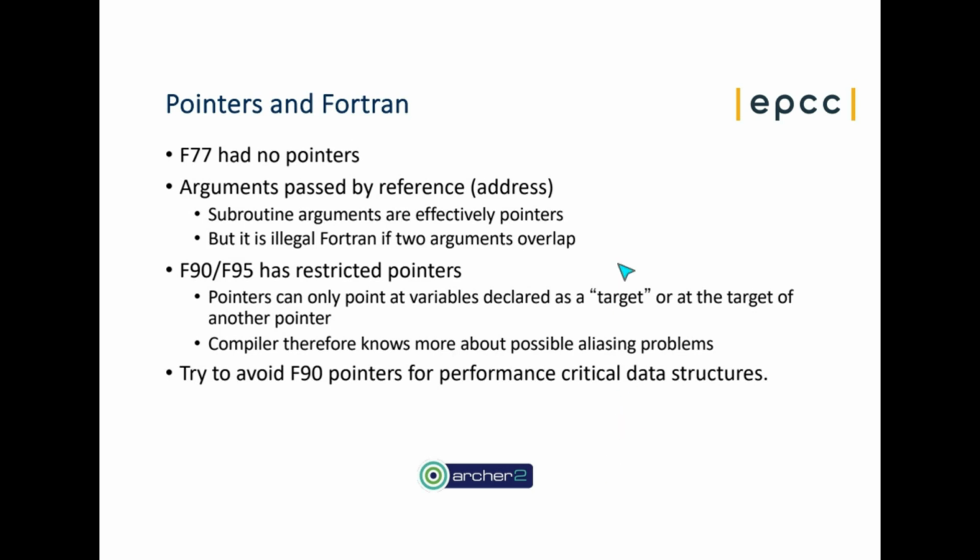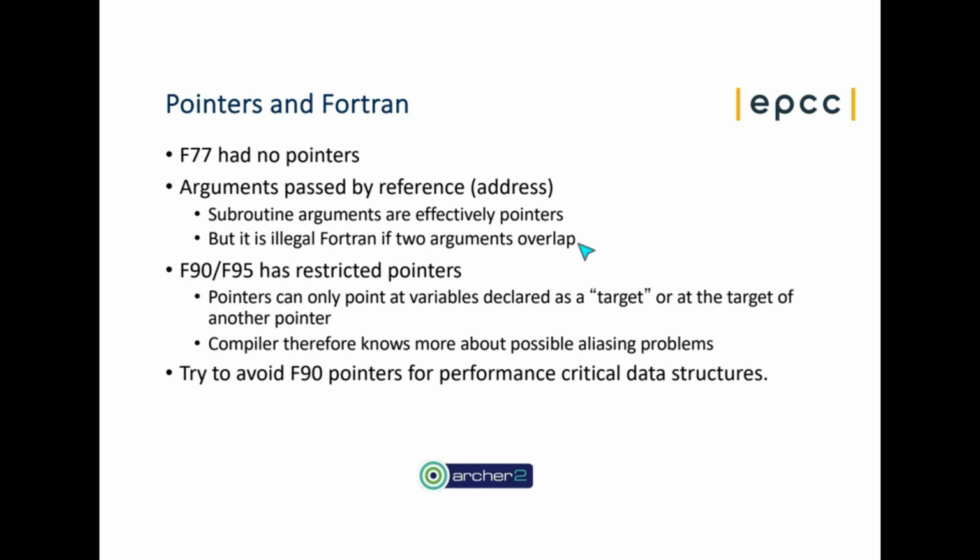Fortran. Old style Fortran didn't have any pointers, but you still do have arguments passed by reference. When you're passing variables into subroutines in Fortran, you're actually passing the address. So subroutine arguments are effectively the same as pointers in this respect.